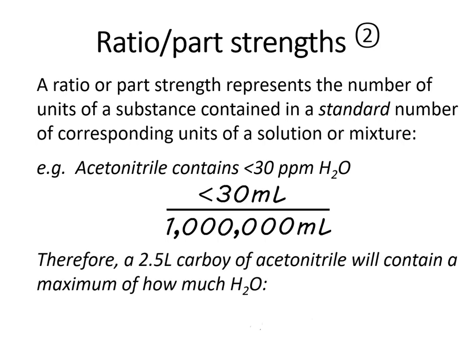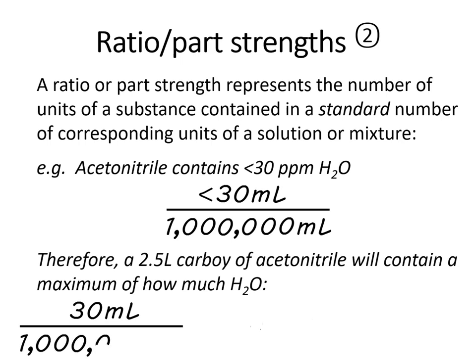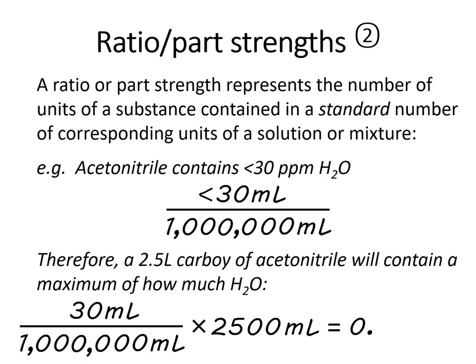And once again, we can use straightforward multiplication to calculate the maximum amount of H2O contained within a 2.5 litre carboy of acetonitrile. 30 millilitres in 1 million millilitres times 2,500 millilitres to give us a final value of 0.075 millilitres.